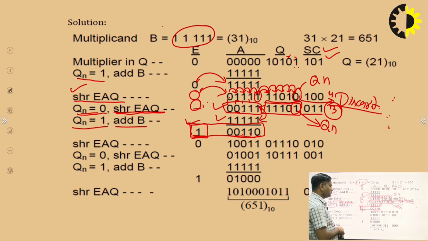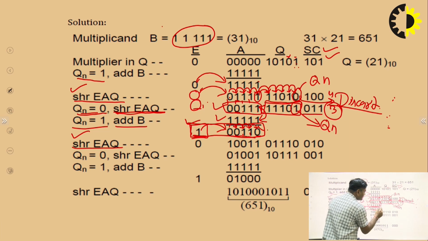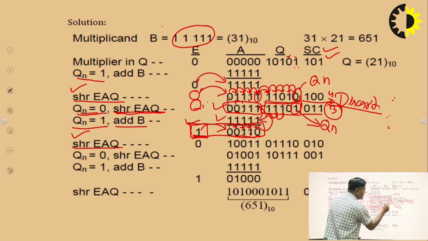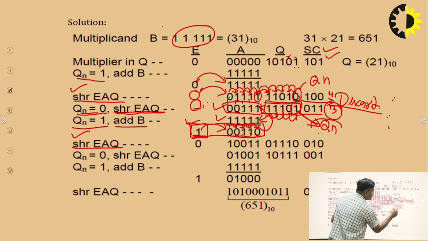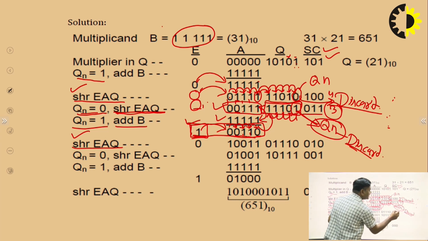After adding A plus B and placing the result in the EA register, we have to perform the logical shift right, that is SHR EAQ. If we perform SHR EAQ, each bit goes one position to the right, and the Qn bit is discarded.